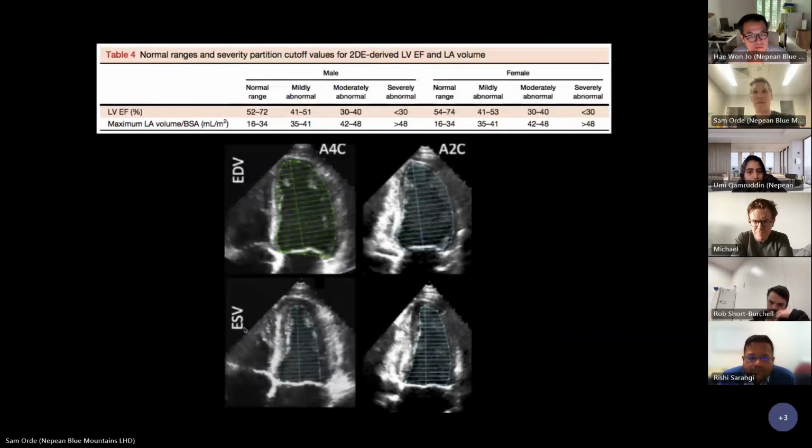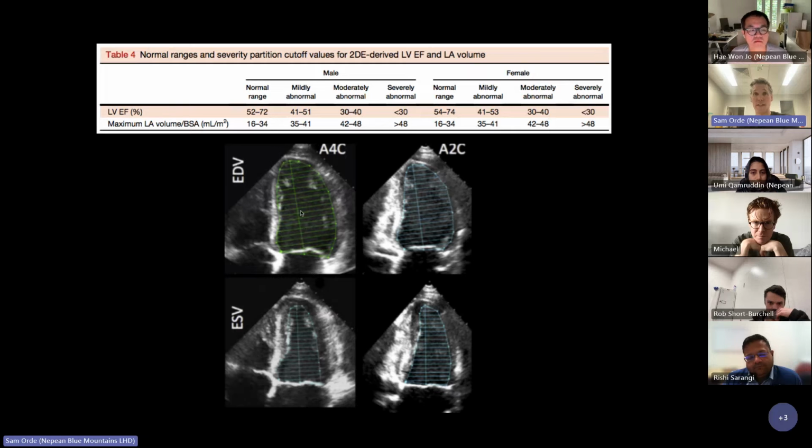The next thing you should check is that during end diastole, the internal axis of the left ventricle in the 4 chamber and the 2 chamber should be approximately the same. Some would say it's got to be within 5 millimeters, some say within 10% of that measurement.